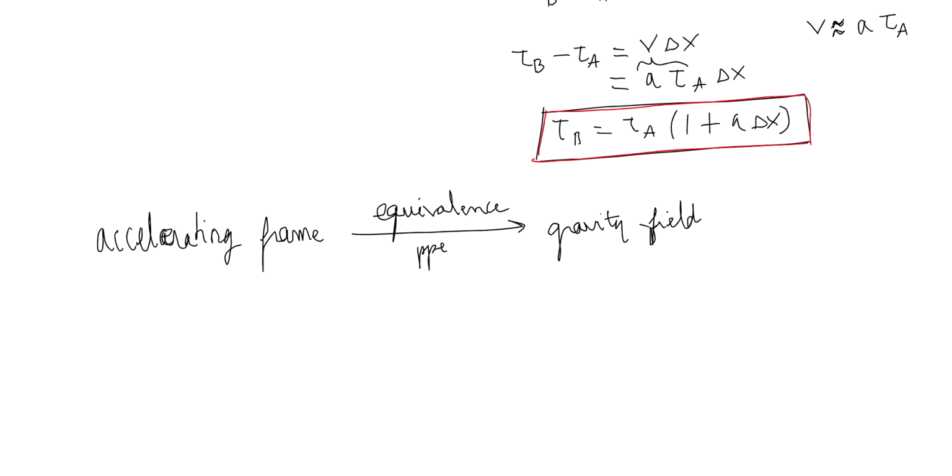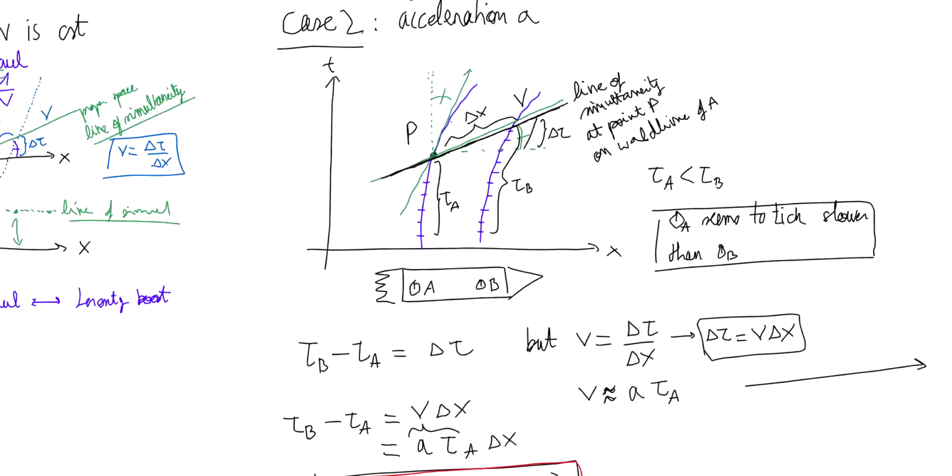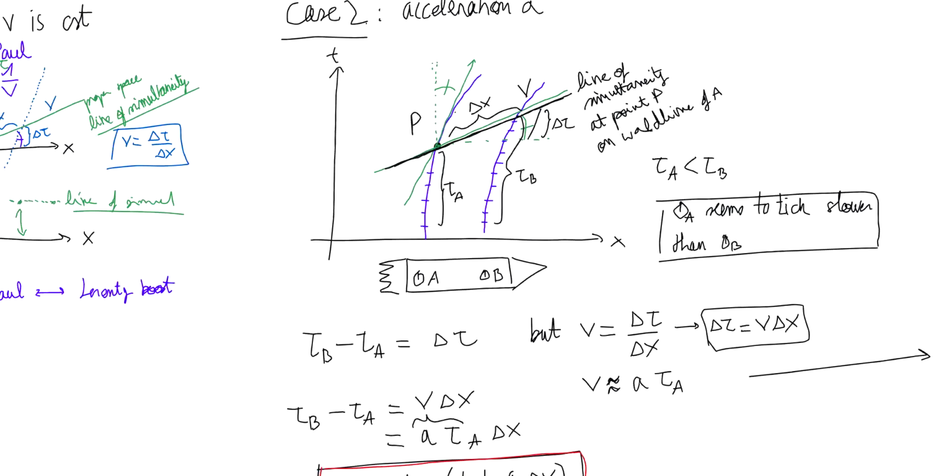The equivalence principle is valid only in small regions, exactly like I did here, when you can graduate both world lines with the same proper time graduation.